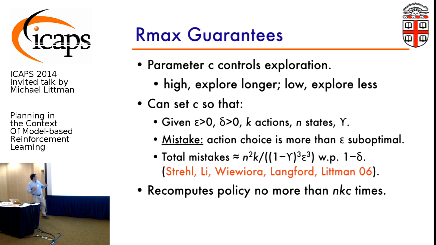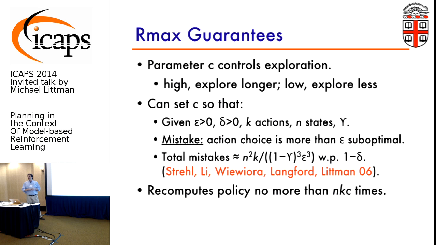What we know is that the total number of mistakes that this algorithm Rmax will make, assuming C is set correctly, is on the order of the square of the number of states times the number of actions, divided by (1 minus gamma) cubed and epsilon cubed. And this bound holds with probability 1 minus delta. So it's a polynomial. It's not a great polynomial, but it's a good place to start.